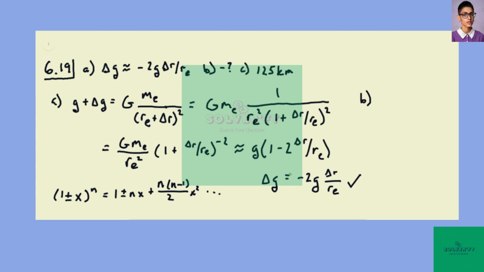Now the reason that this is negative is because the acceleration due to gravity decreases as your distance from the center of the gravitating object increases, because it's an inverse square sort of thing. So as r goes up, g has to go down.